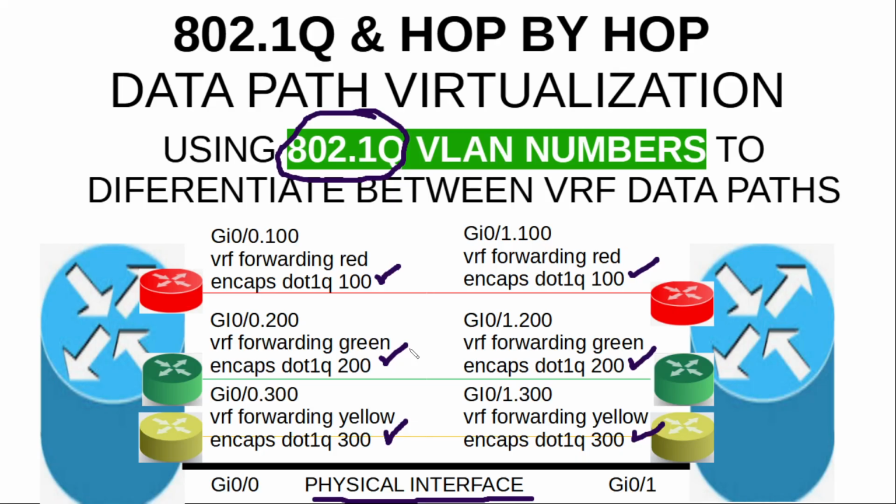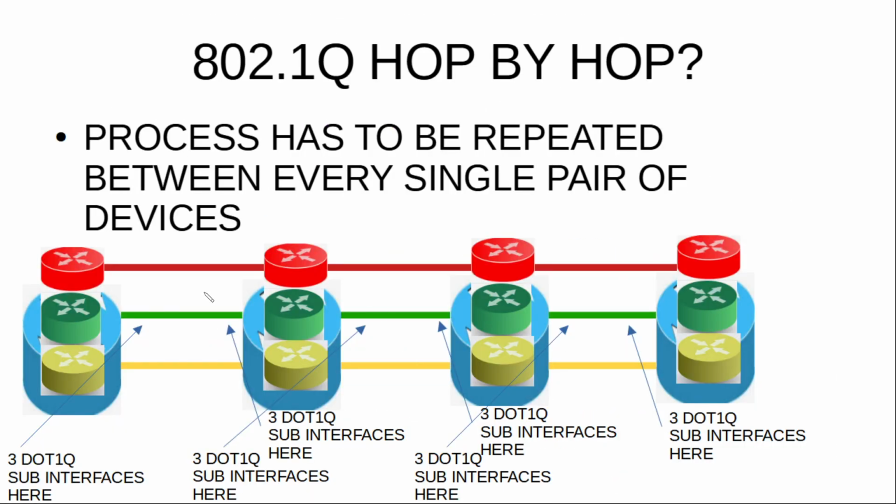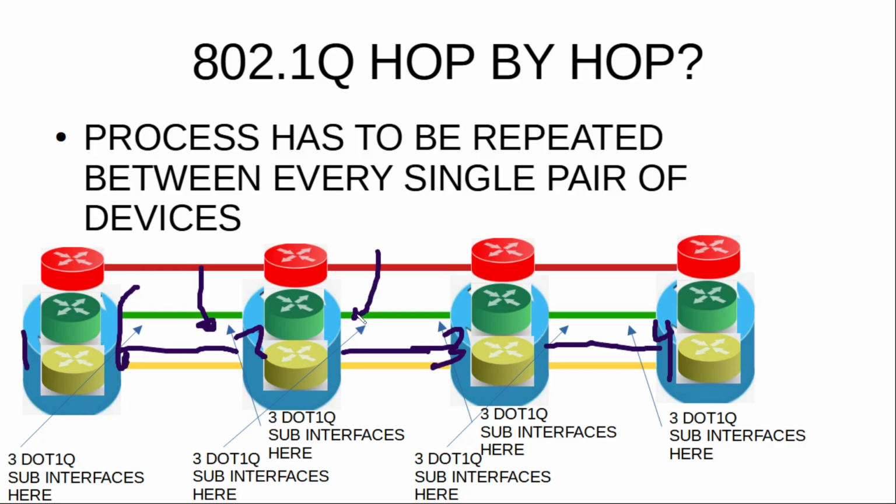Notice that in order for this to work, if you had, for instance, 4 routers, router 1, router 2, router 3, and router 4, and if you had the same set of VRFs at each router and you wanted to communicate all these VRFs, you will have to do a lot of work. Even though you will only have one physical link connecting these routers, at each physical link you will have to create 3 sub-interfaces.